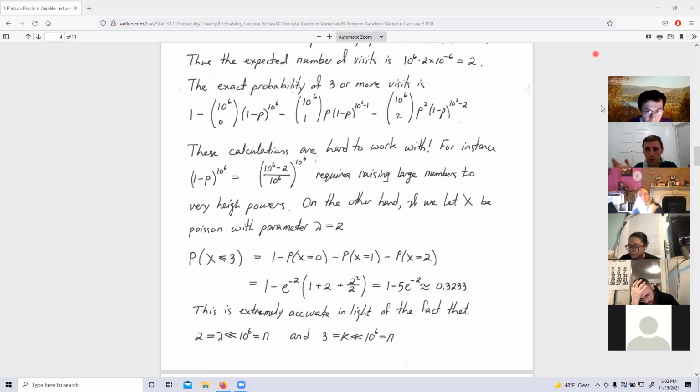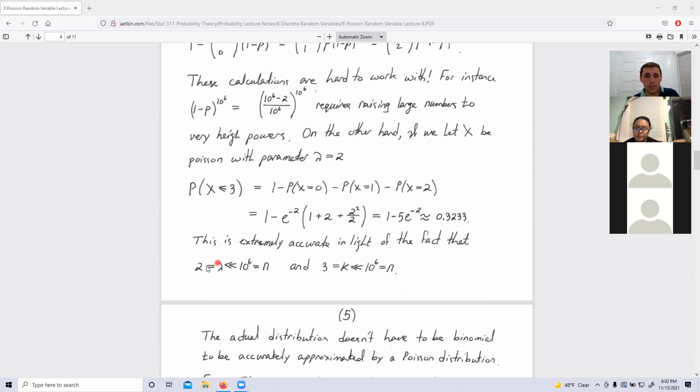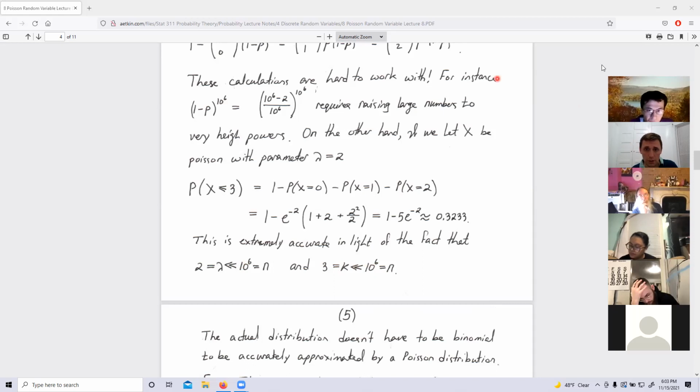Yes, that has to do with, of course, convergence. How quickly are those estimates converging? And you can see that lambda is much smaller than 10 to the 6, and 3, the number of successes I request, is much smaller than all of them. So Poisson is a natural way to go.